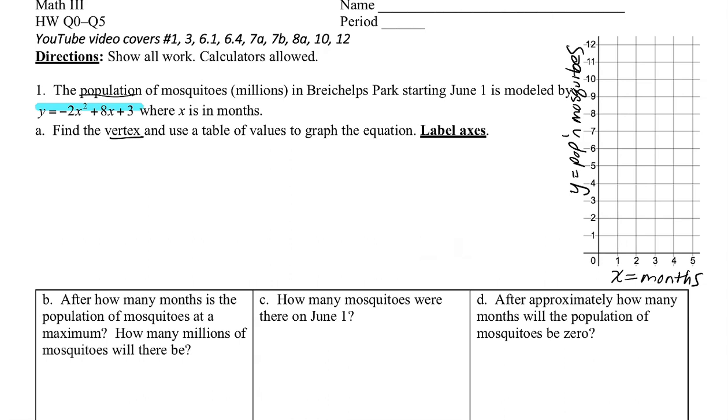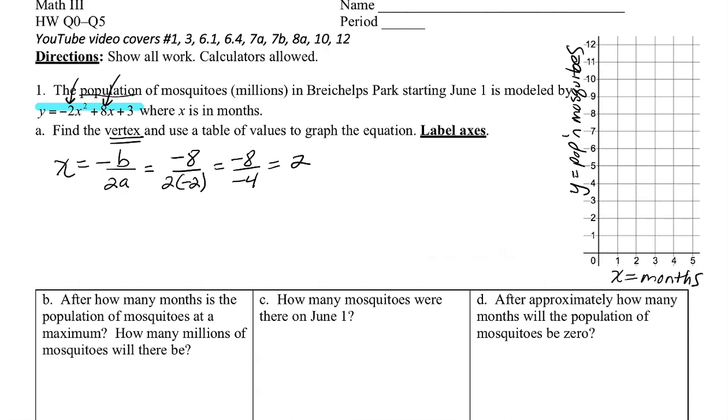To find the x-coordinate of the vertex, we can use our formula, x equals negative b over 2a, where the b value is 8, so negative 8, and the a value is negative 2. So 2 times negative 2. This would be negative 8 over negative 4, which is 2. So our x-coordinate of our vertex is at 2.